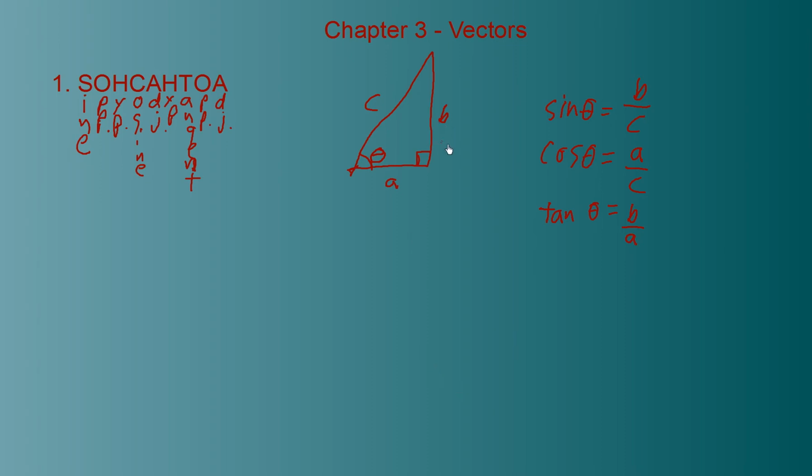So you'll use this a good amount when trying to find angles or trying to find lengths of a side, lengths of a component, or even the magnitude, the hypotenuse. And that's pretty much it.